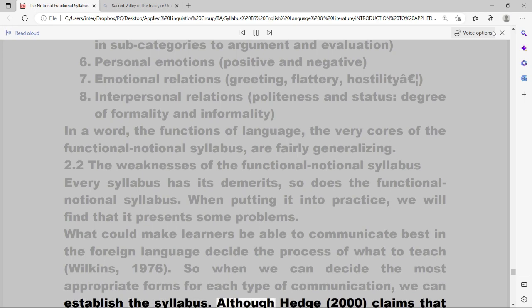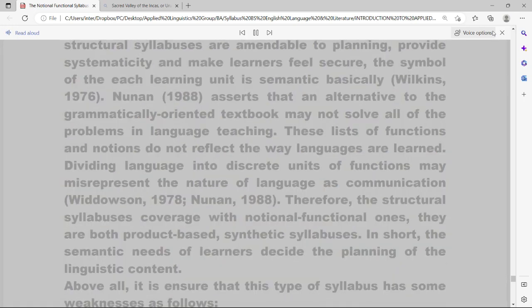Although Hedge, 2000, claims that structural syllabuses are amenable to planning, provide systematicity, and make learners feel secure, the basis of each learning unit is semantic (Wilkins, 1976). Noonan, 1988, asserts that an alternative to the grammatically oriented textbook may not solve all of the problems in language teaching.